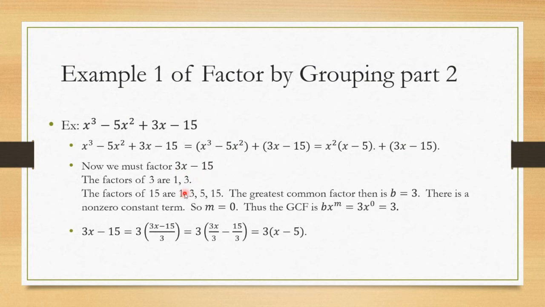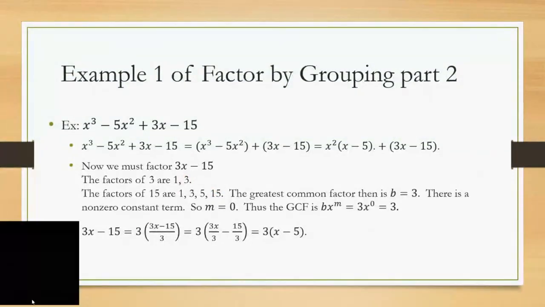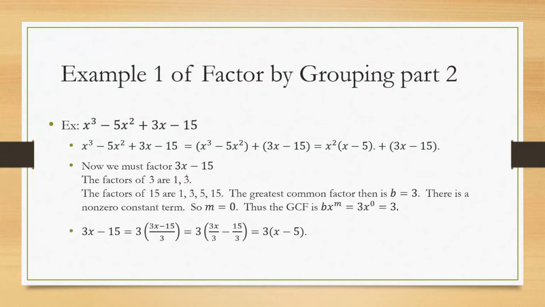Factors of 15 are 1, 3, 5 and 15. 3 then, as you can see, is the greatest common factor among the coefficients and the constant term.